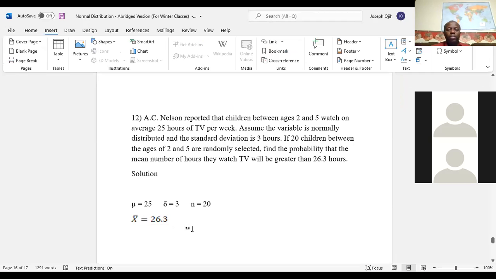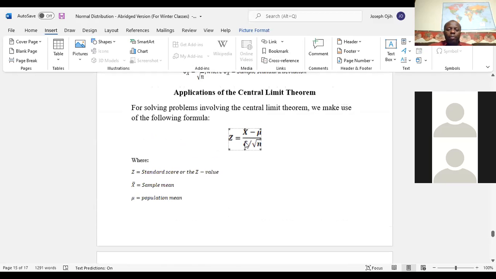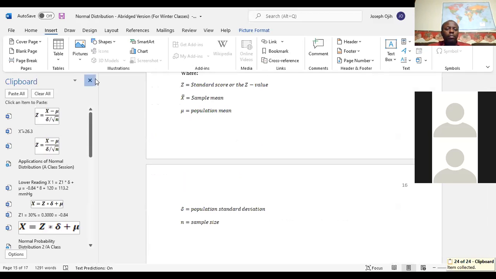All right, so we have all the numbers. The sample size is 20, the mean time watching TV is 25 hours with a standard deviation of 3 hours. If 20 children were selected, we find the probability that the mean number of hours they watch TV will be greater than 26.3 hours. So we plug this into our formula to transform it.